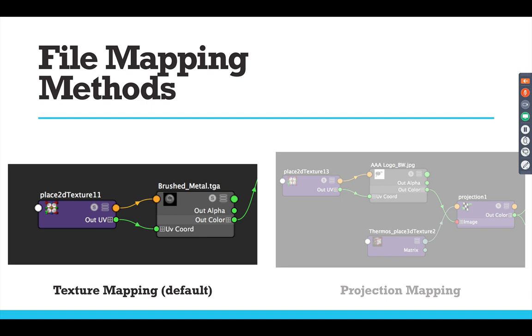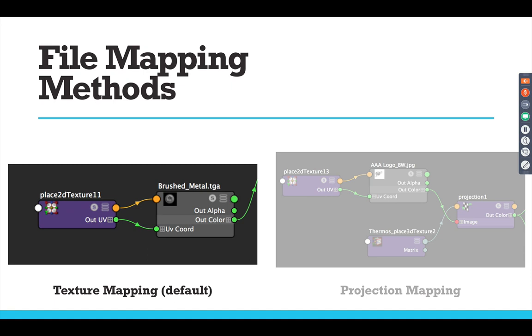Now, whenever you map something onto the geometry, first off, you're going to get a node called a file node. This is where you plug your map in. This allows that file to interface with Maya. And that file node gets plugged into the surface, Pixar surface material, or Maya materials, or basically whatever renderer you're using.